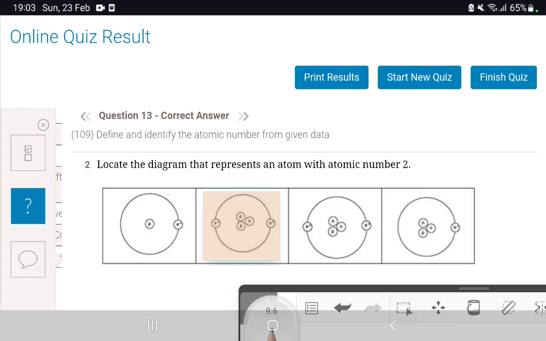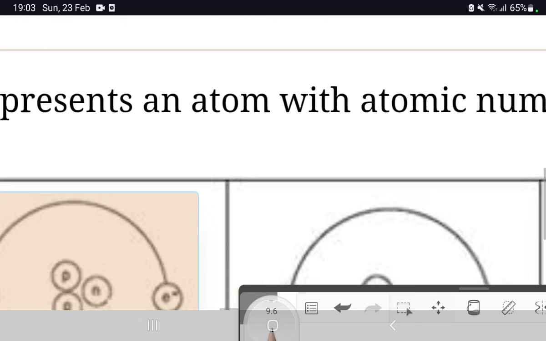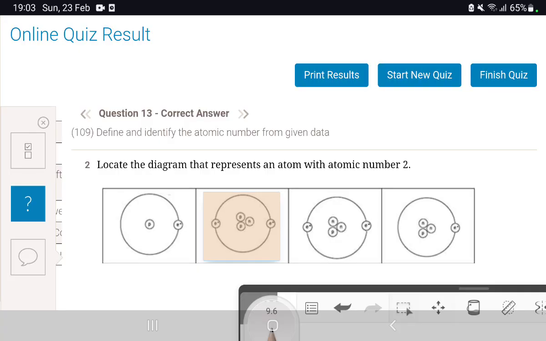Doesn't matter the electrons, only the protons. Because here they said atom, not ion, so it's only the neutrally charged, same protons and electrons. So that means they're asking the atomic number of 2, so the number of protons and electrons are 2.